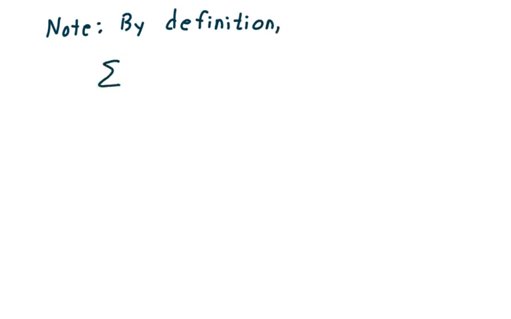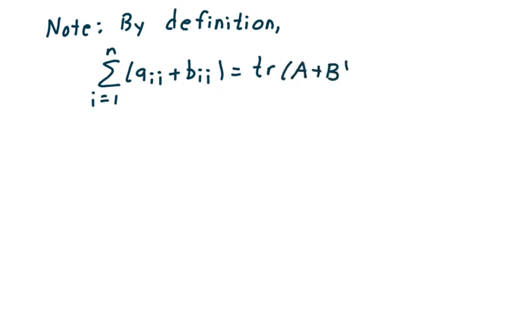But let's note, by definition, isn't the summation from i equals 1 to n of Aii plus Bii equal to the trace of A plus B, right?